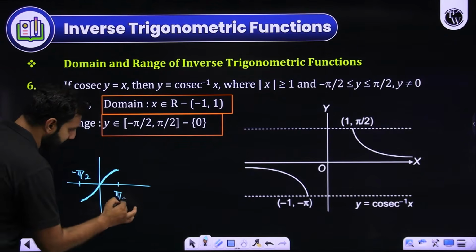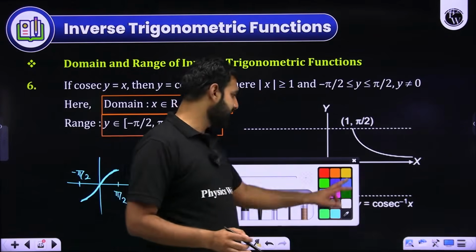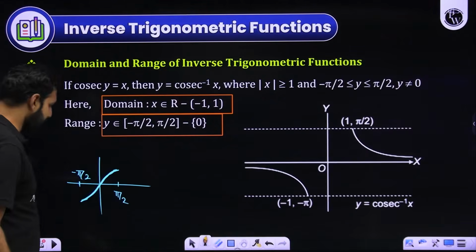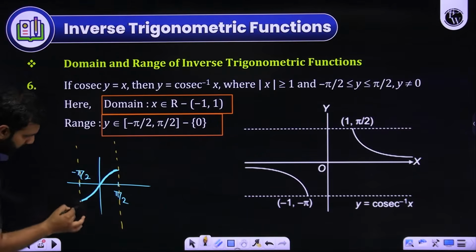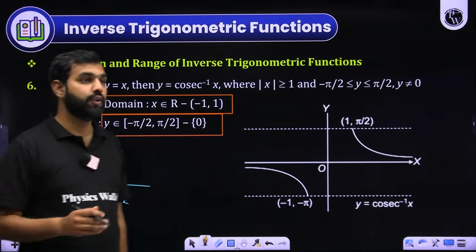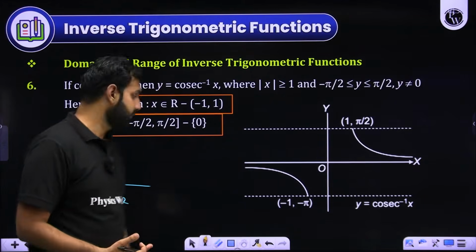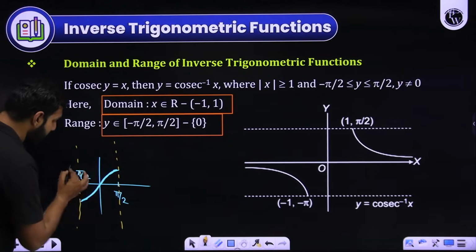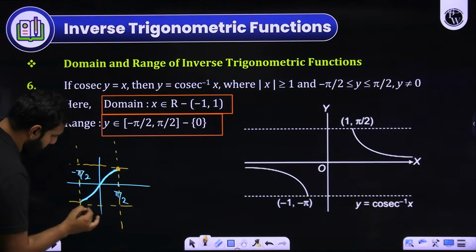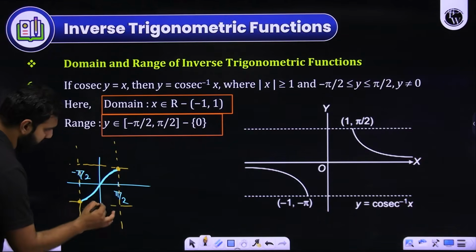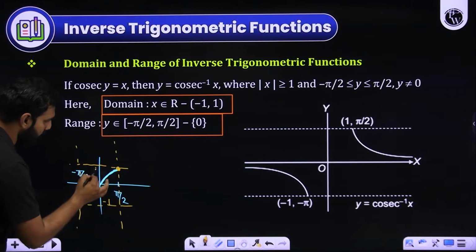I hope you're understanding it very clearly. Now, if this is the graph of sin x, from minus pi by 2 to pi by 2, I hope it's really easy and simple for us to figure out the graph of cosec x, because between minus pi by 2 to pi by 2, if I talk about these points, this is minus 1, this is 0, and this is 1.